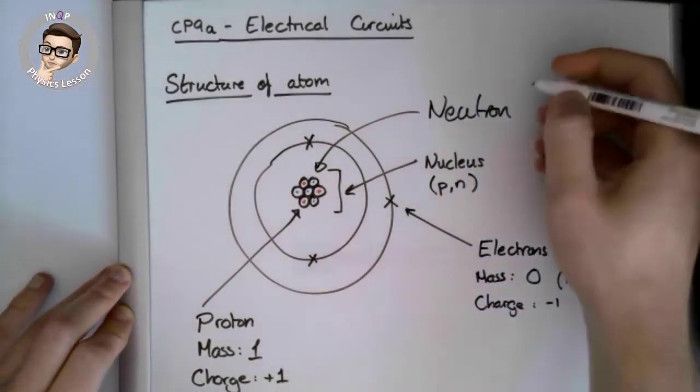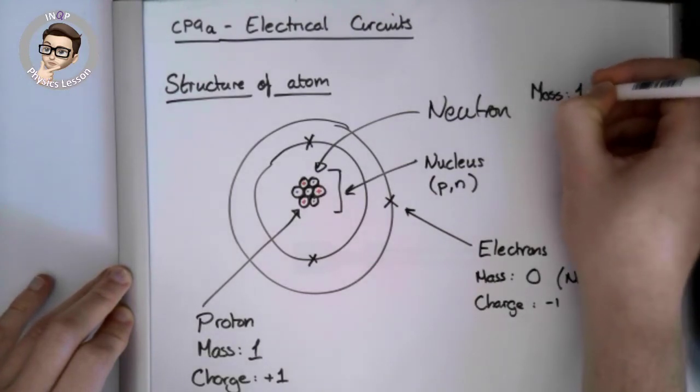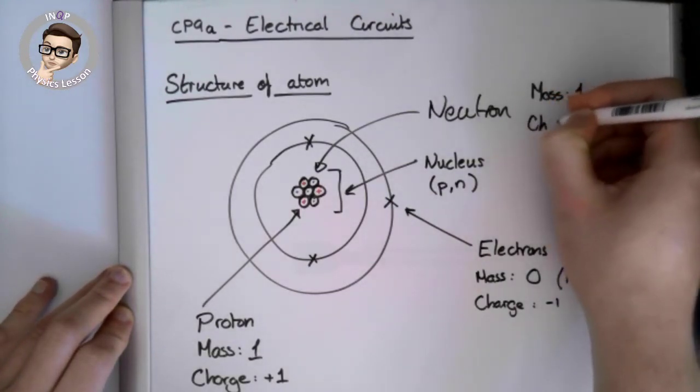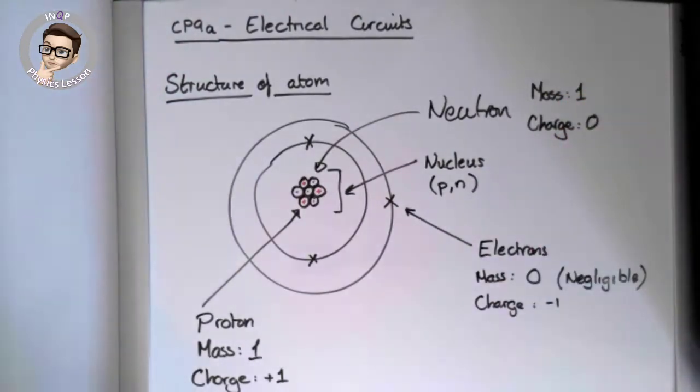The neutron has a mass the same as the proton, of 1, and a charge of 0. Okay, so that is the structure of the atom. That's what we've got to start from, because every single atom in our circuit contains this structure.